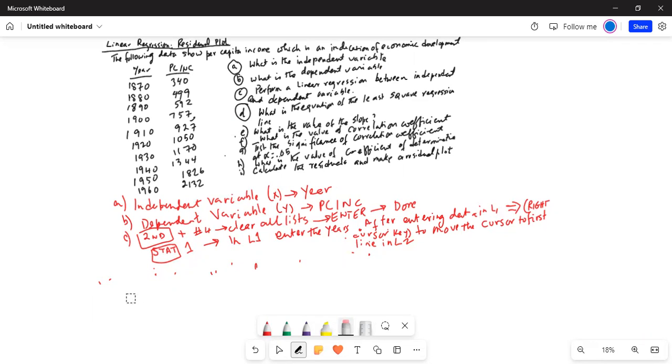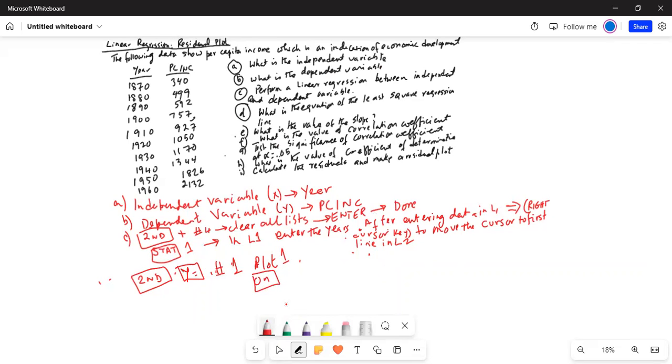Second button and then y equal to is on top of it. Then select number 1. The first line should be on. So after you select number 1, it is plot 1 basically. So let me write it down. Plot 1. First line should be on.